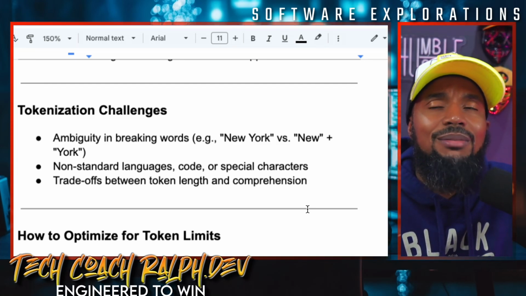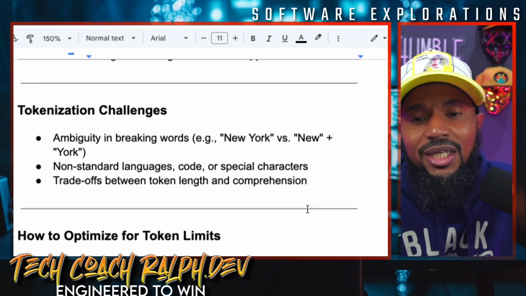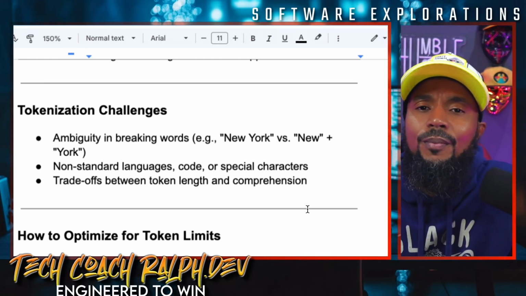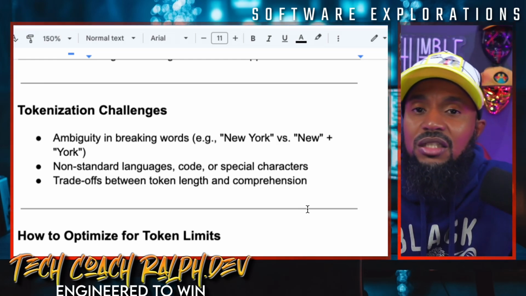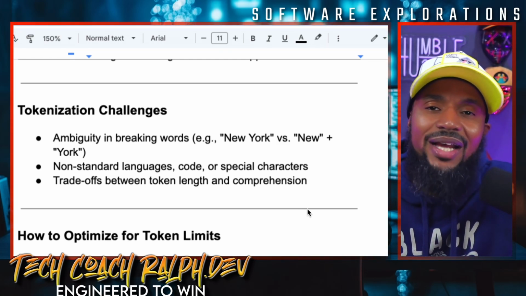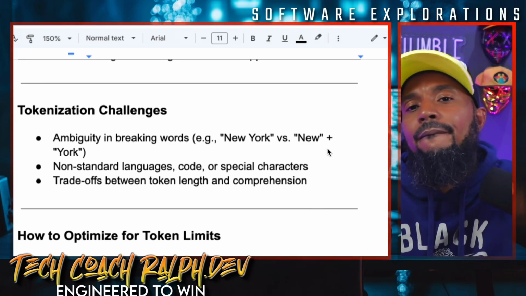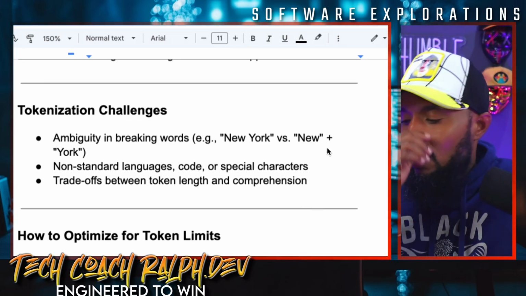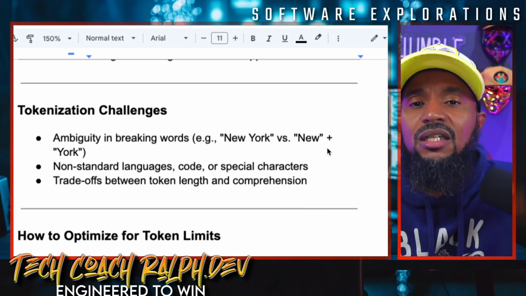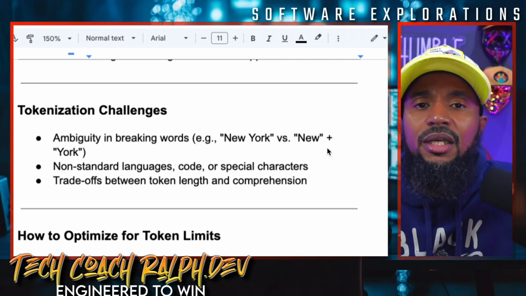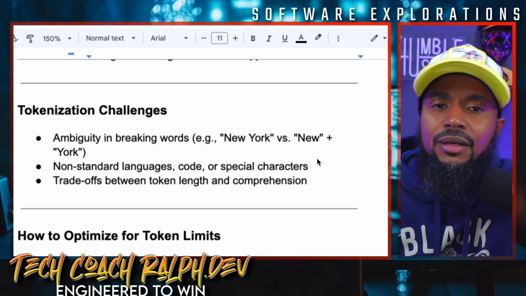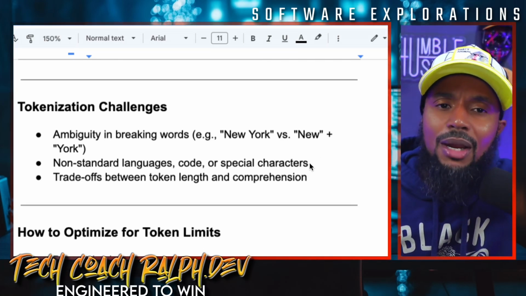Are you going to accept a long token, where it can cost more, or are you going to sacrifice comprehension in your prompting?